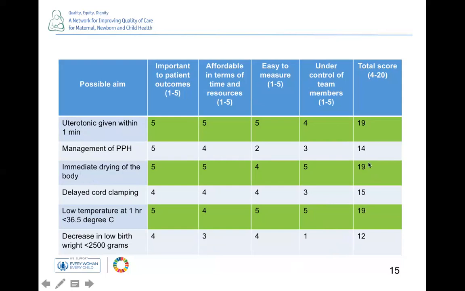Again, it gets a score of 19. Third is low temperature of the baby at 1 hour of age, below 36.5. Again, a score of 19. So based on this consensus, there are 3 problems which have to be tackled in this healthcare facility. But best is, out of these 3, we need to take 1 problem to be sorted at one point of time.